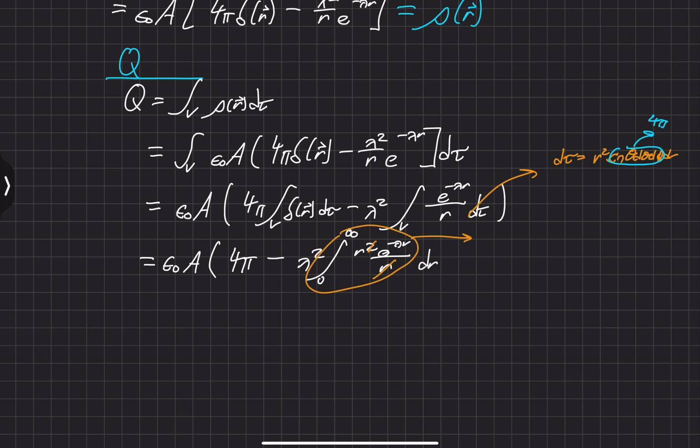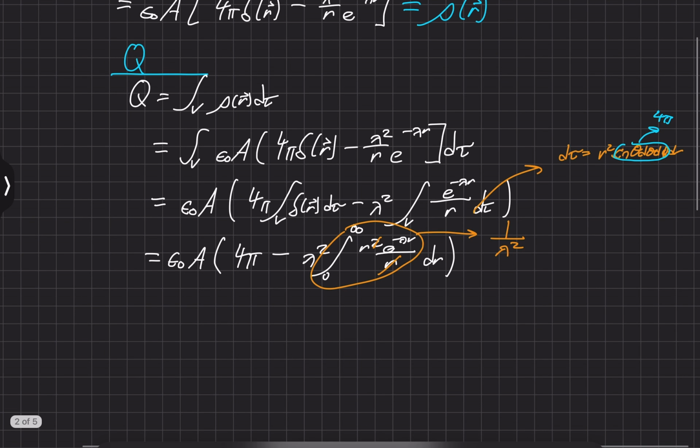And that whole integral ends up being 1 over the constant that was in there, so 1 over lambda squared. You can look it up in any sort of integral table. If you put it into Wolfram Alpha, you'll get that answer as well.